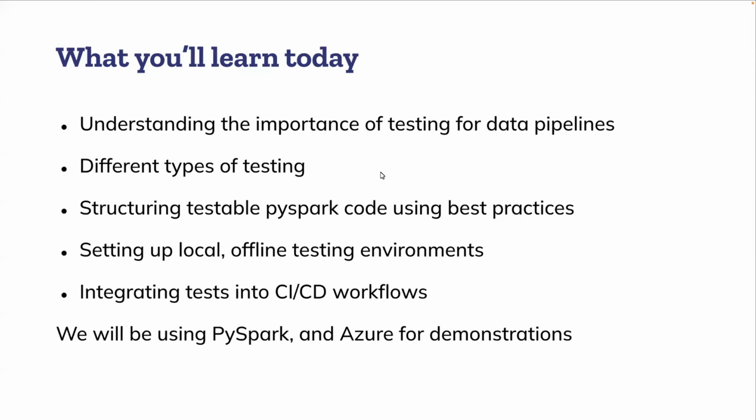So we're going to talk about how we structure testable PySpark code using sort of best practices, and how we make this code in a format that is suitable for testing. One of the things that I've noticed, and what many of you have noticed probably working with notebooks, is they're a very nice sort of environment where you want to experiment and explore and change things and run different sort of cells in different orders, and that's all great.